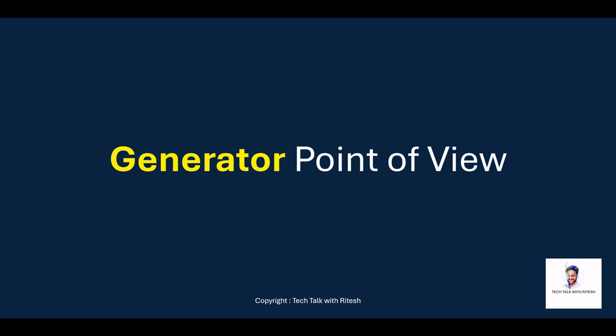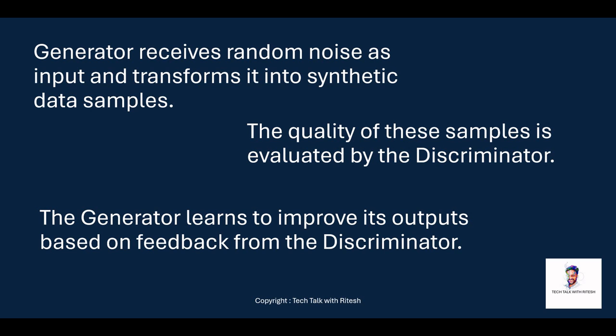Now what is the training process? From the generator's point of view, the generator receives random noise as input and transforms it into synthetic data samples. We'll see what random noise is. The quality of these samples is evaluated by the discriminator.